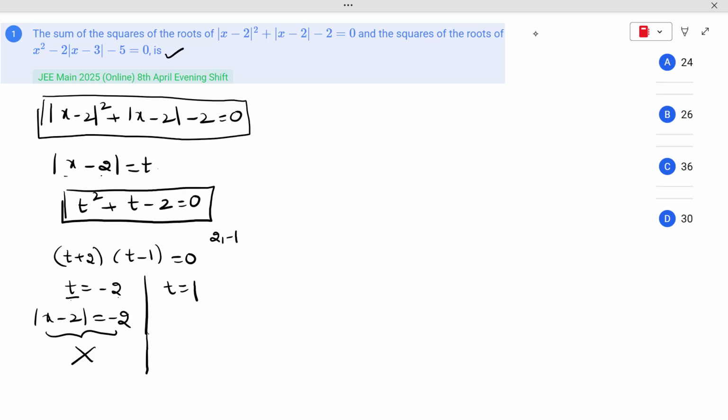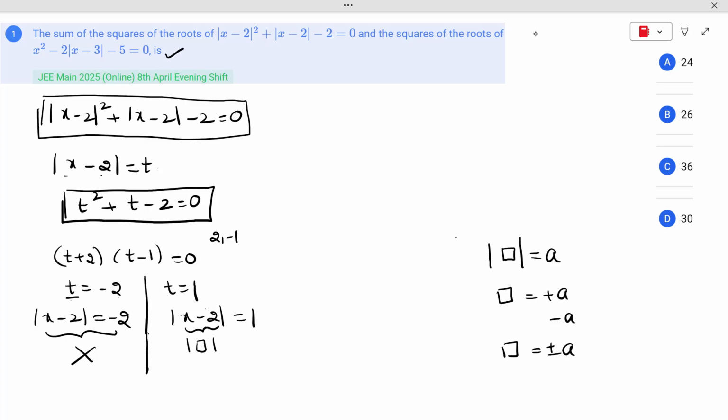Now let us solve t = 1. That is |x - 2| = 1. If |□| = a, where a is a positive quantity, then the quantity inside can be either +a or -a, that is □ = plus or minus a. Here the quantity inside is x - 2, so x - 2 = plus or minus 1.